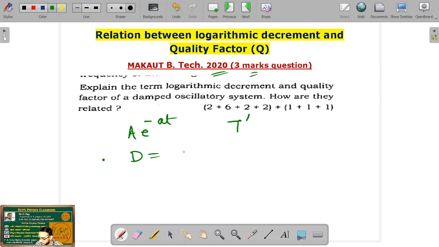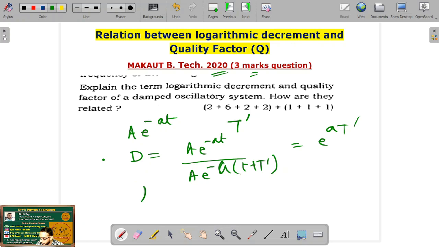According to the definition, it would be a e to the power minus at divided by a e to the power of minus a into t plus t prime. So it would be simply e to the power of a t prime, or the logarithmic decrement delta equals a into t prime.